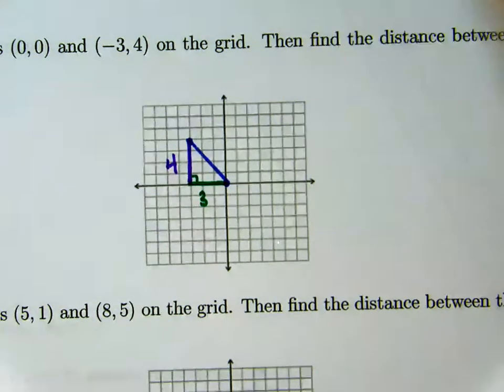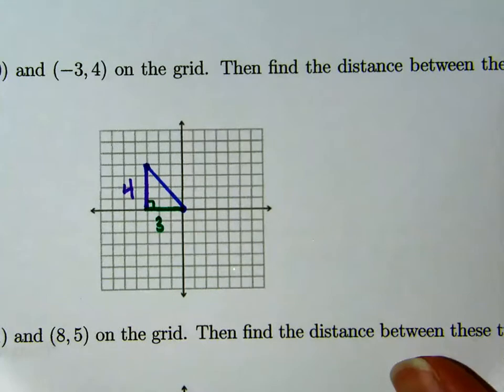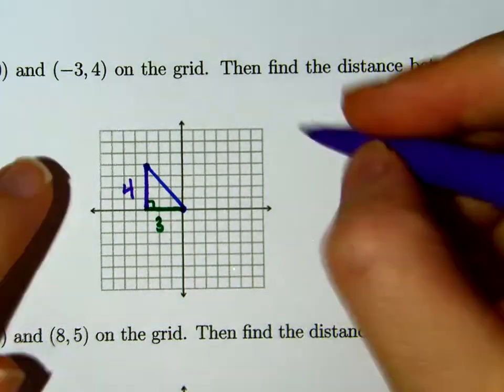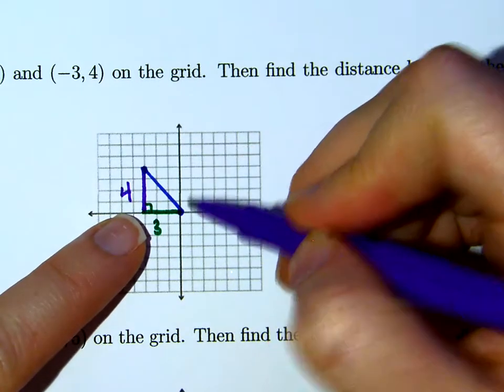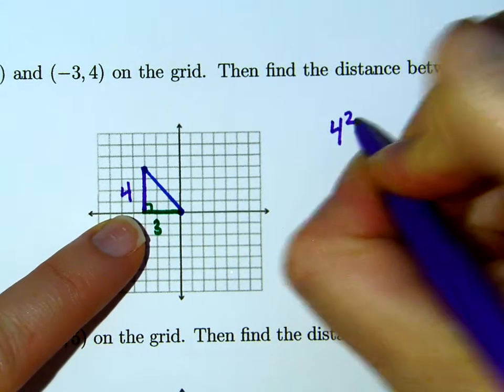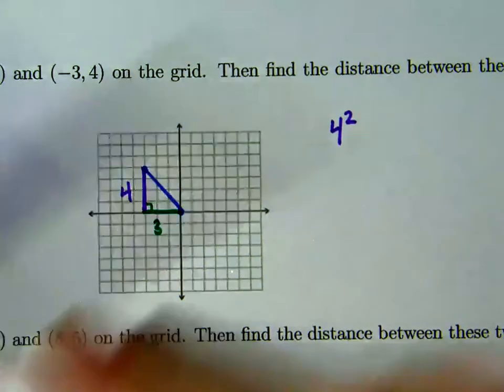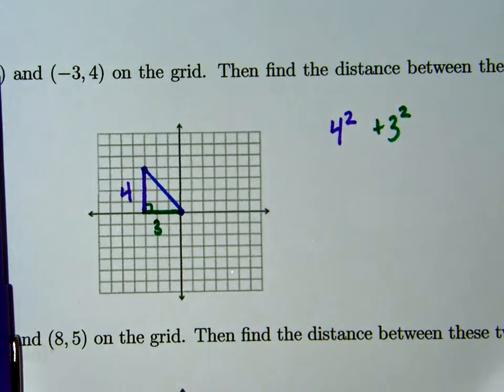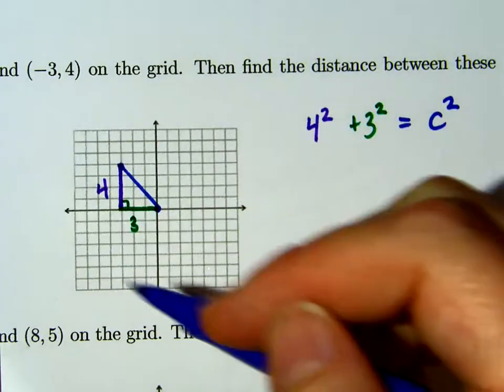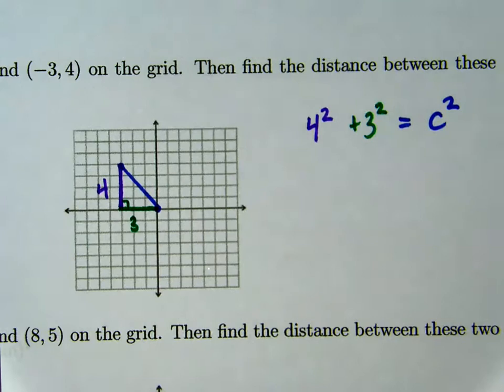Okay, so just like we were doing on the last problem, we can write, okay, let's see, shorter side, hypotenuse. 4 squared plus 3 squared. Okay, well that is equal to c squared, whatever that is, yeah?